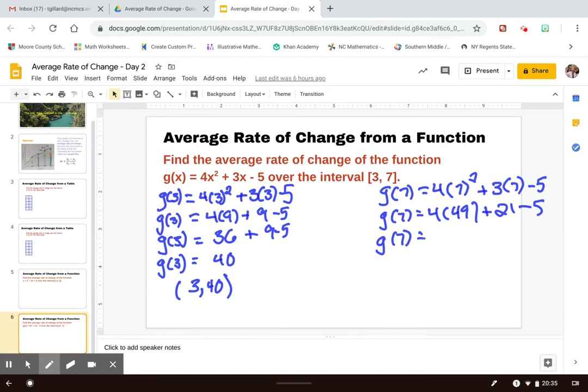So 49 times 4 is going to be 196, plus 21 minus 5, gives me a g of 7, which equals 212. So my ordered pair here is going to be 7, 212.